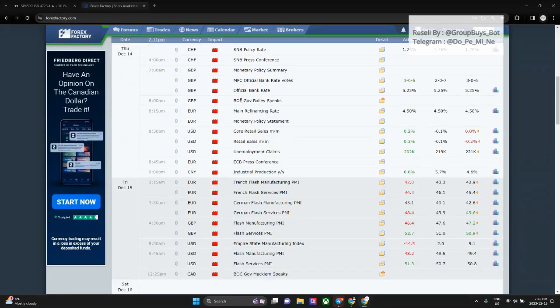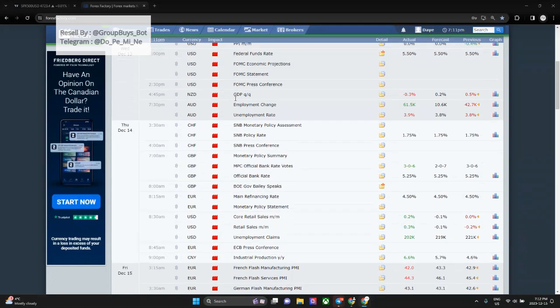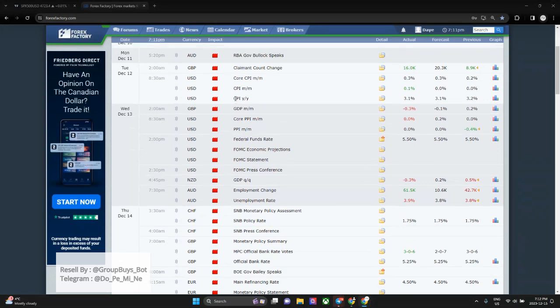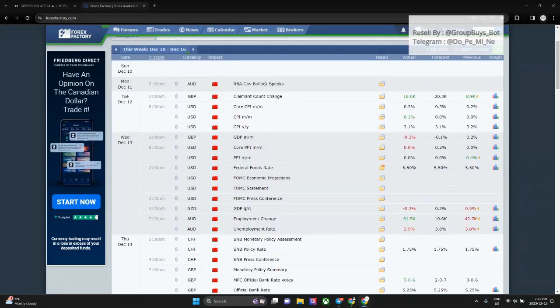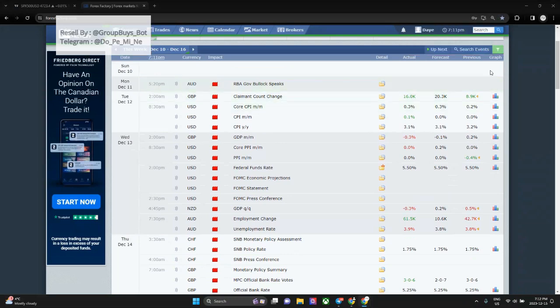So you can see the upcoming news, because we use that to trade, and you have other traders that are afraid of the news events and stuff like that. But no, these are entries. So we have scheduled entries. Every red folder is an entry, right?